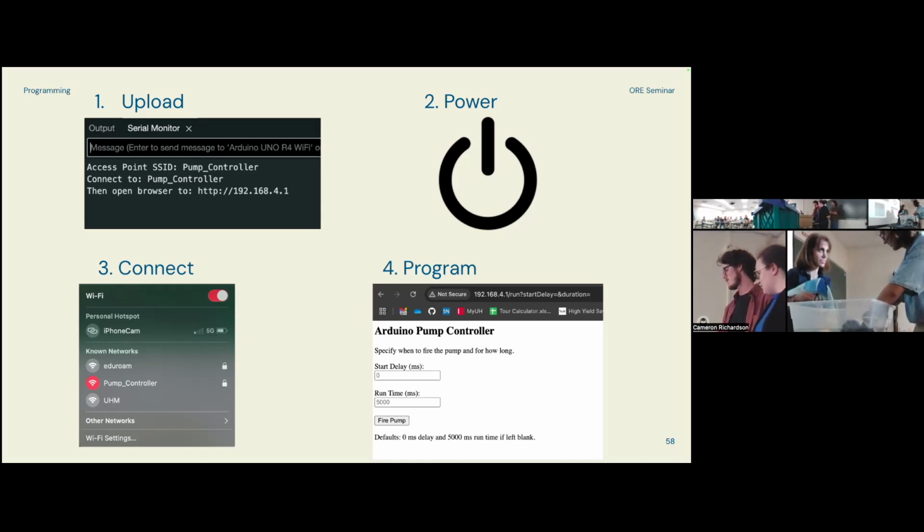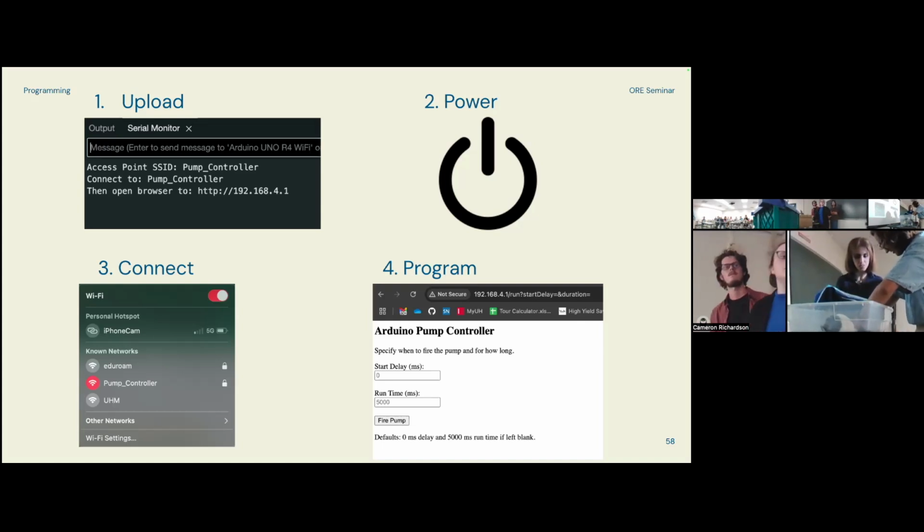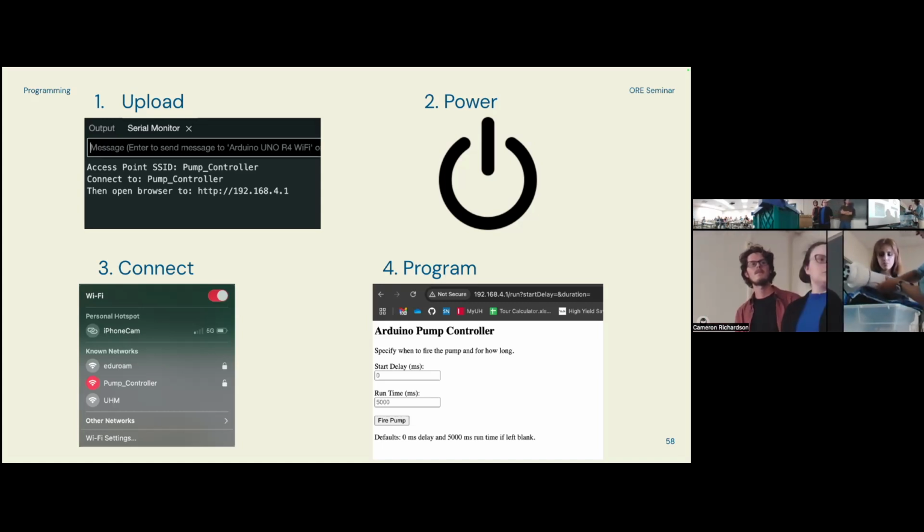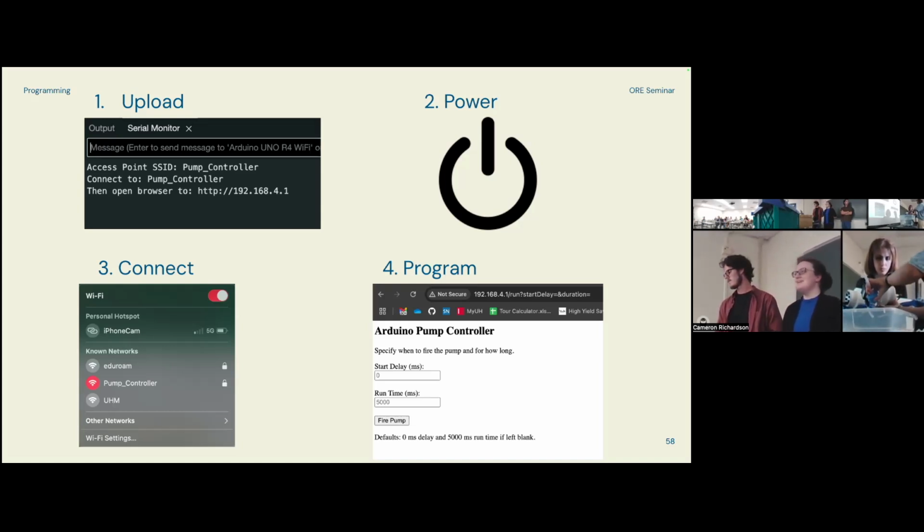Then we got a question from Nick. He says, very cool, everyone. How long do you estimate it would take a new user to make one of these? Hopefully with the build guide, probably a month in general, I would hope. But we haven't timed how long it would take without all of the trial and error we did.